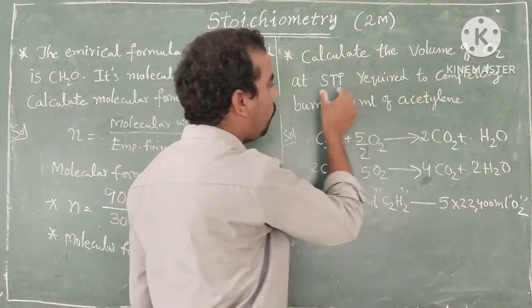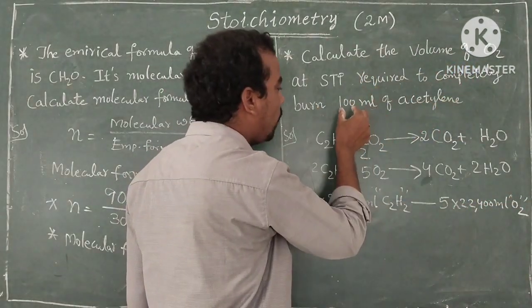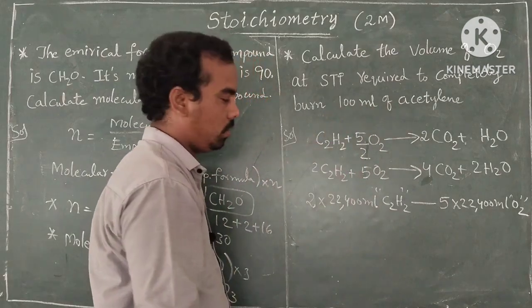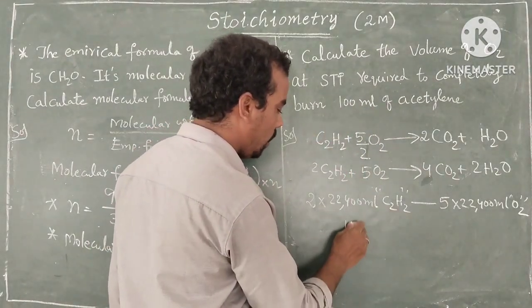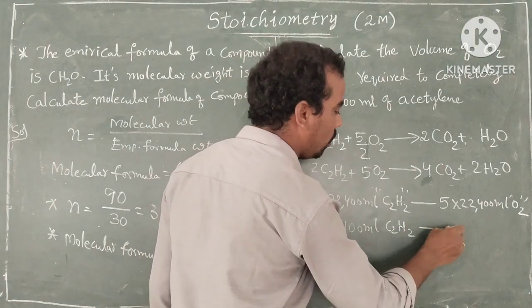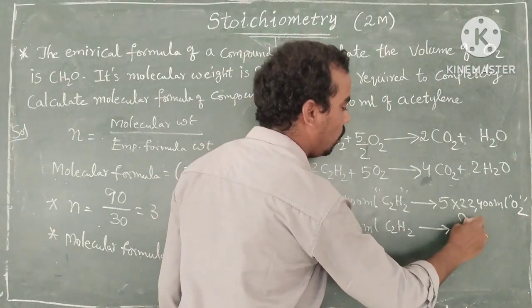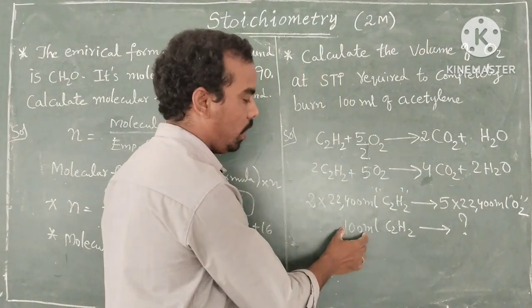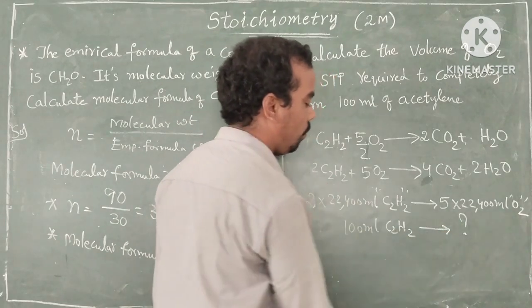The question is the volume of O2 required when 100 ml of acetylene burns. So for 100 ml of acetylene, how much O2 is required?